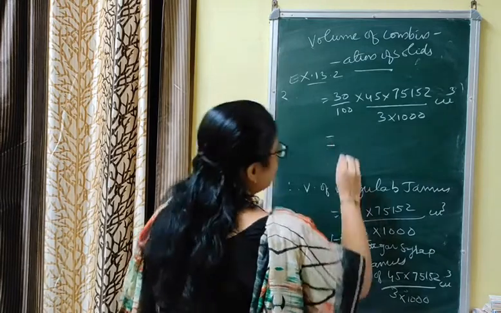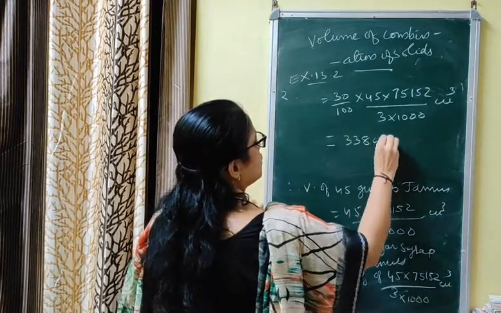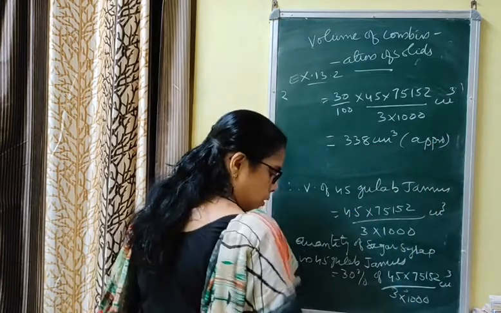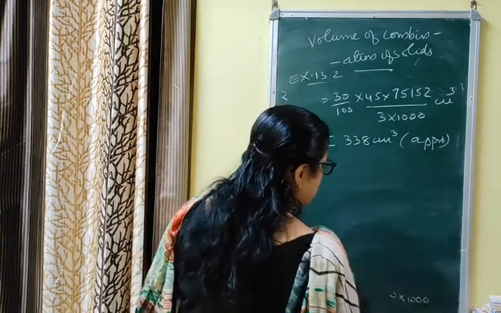If you solve it, you will get an approximate value of 338 centimeter cube. Maybe in the decimal place you can do it by yourself and round it.